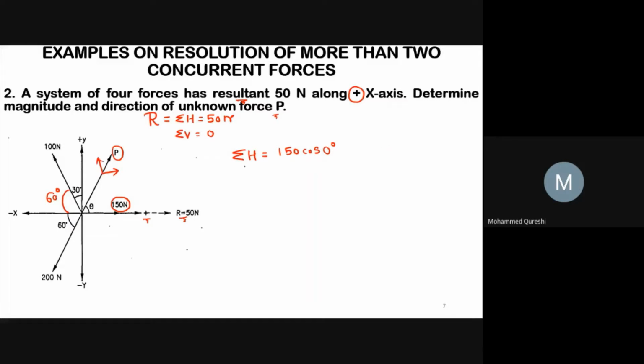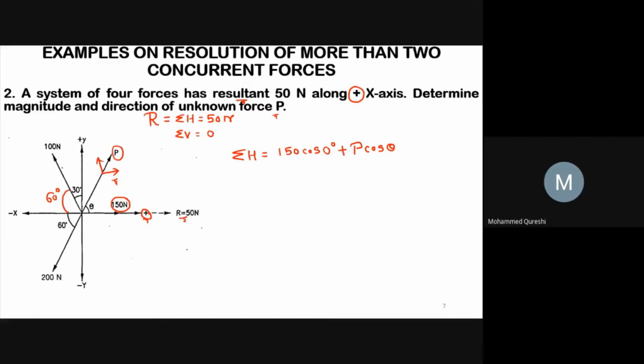We are considering sigma H, hence we will take this component. Whether P cos theta is positive or negative: it is going in this direction, hence P cos theta will be positive. So here plus P cos theta.